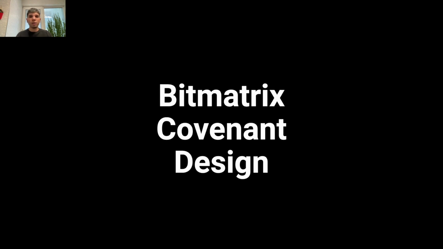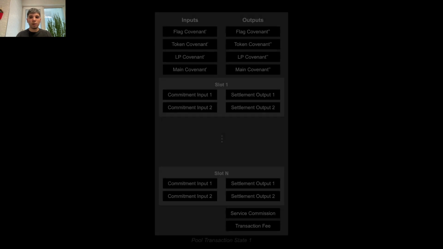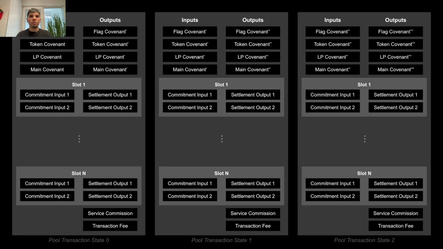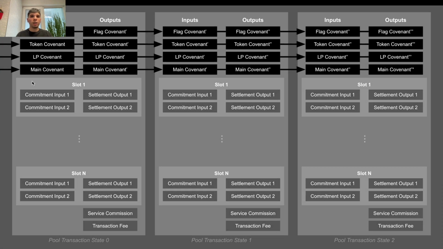So Bitmatrix is a protocol for automated liquidity provision on the Liquid network, right? And the covenant design is based on non-interactive, stateful, and recursive covenants. The design is recursive in terms of the state being carried across inputs and outputs across transactions.